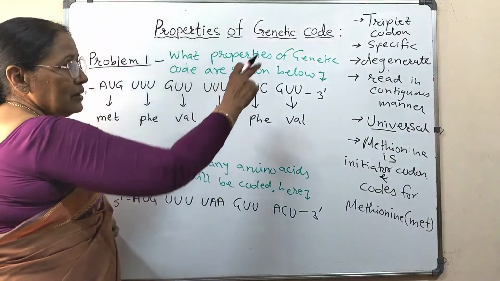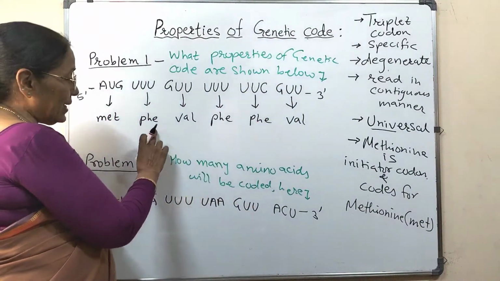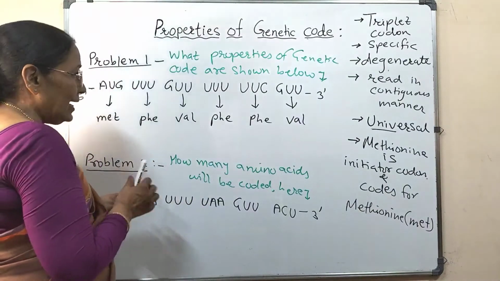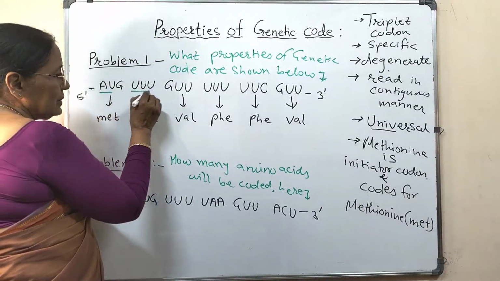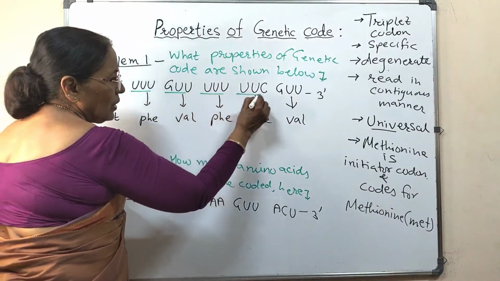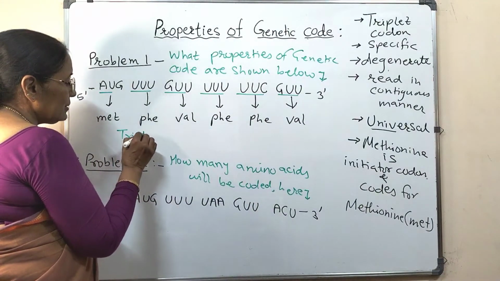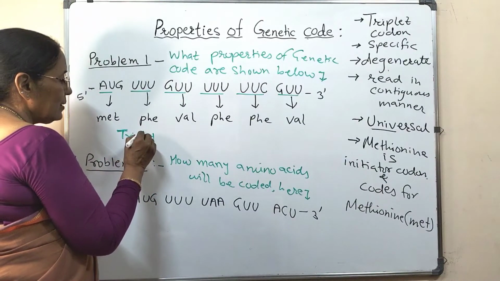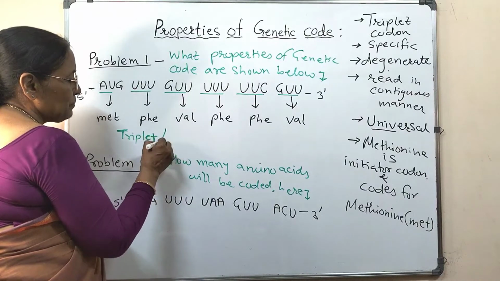The first, the whole list is there. Which property can you see in this one? First, you can observe that these are all triplet codons. All of these are triplet. So the first property is that the codons are triplet.